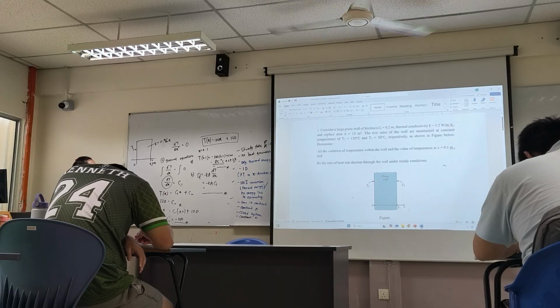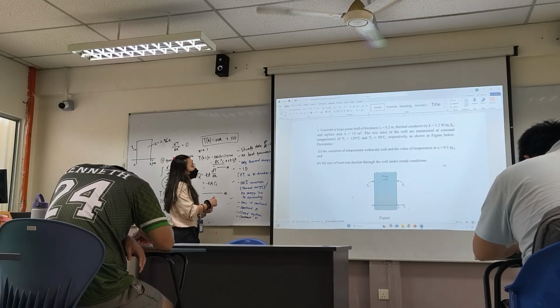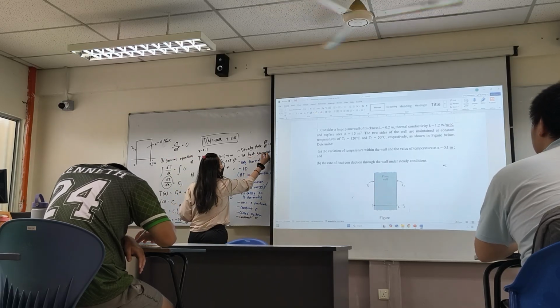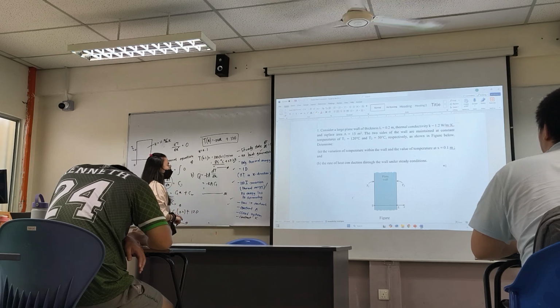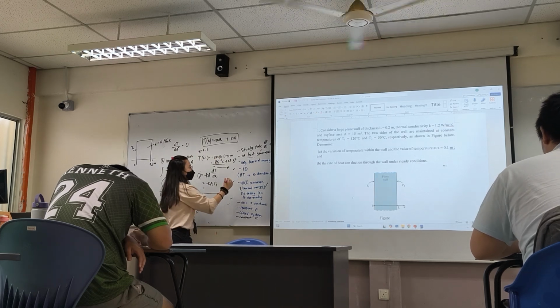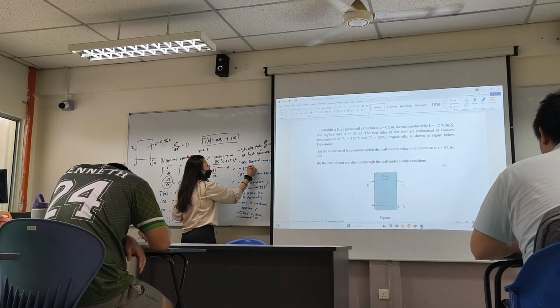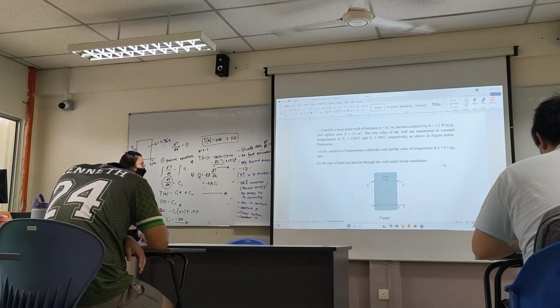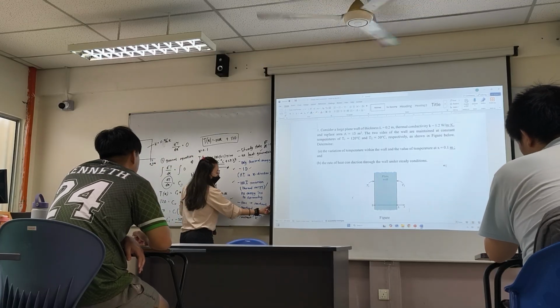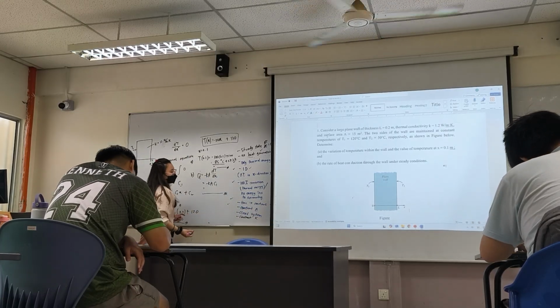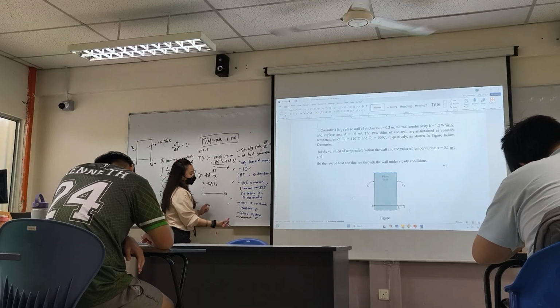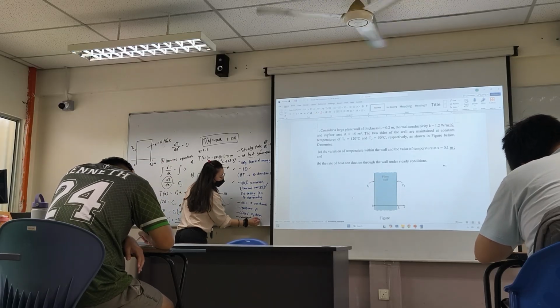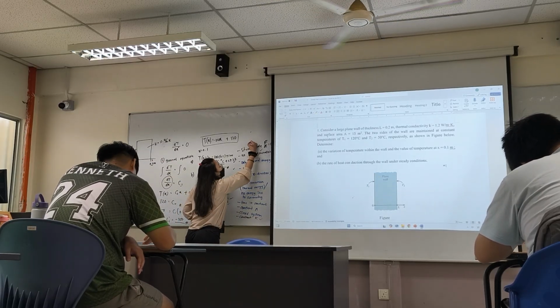Okay, I will give the marks here for these questions. No heat generation, I will give the marks. One dimension is important. Time is constant, important. Constant K. Steady state.